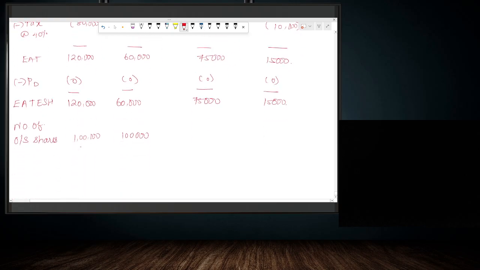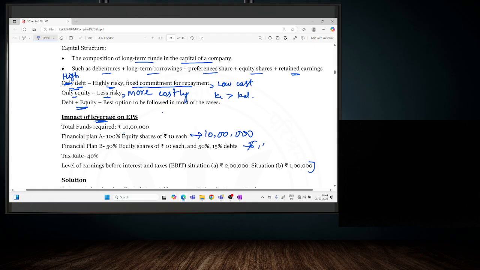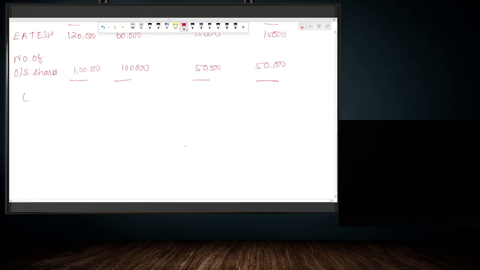Under plan B, what is the amount of equity share capital raised by the company? 5 lakh. So number of outstanding shares will be how much? 50,000. So 50,000 and 50,000. So what is the EPS? 1.2 per share.